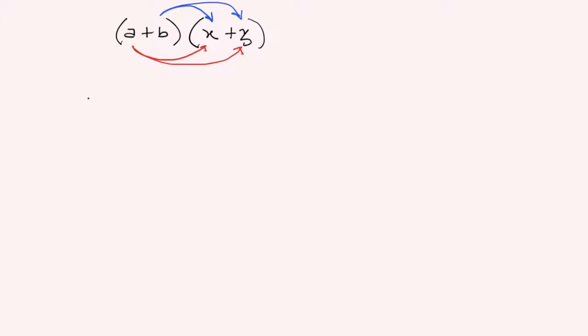So we have a multiplied by x plus a multiplied by y plus b multiplied by x plus b multiplied by y. So we distribute each of the terms in the first bracket over the terms in the second bracket.